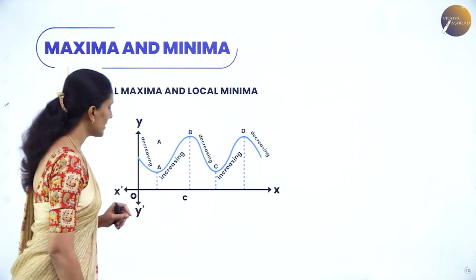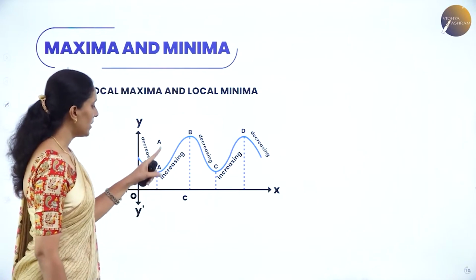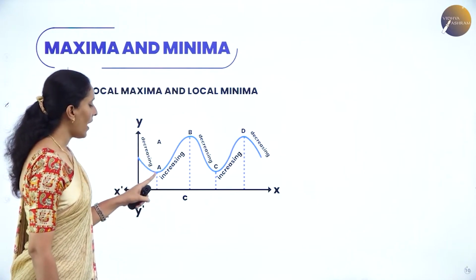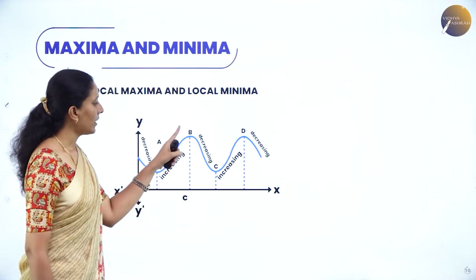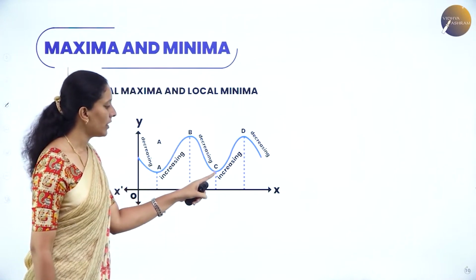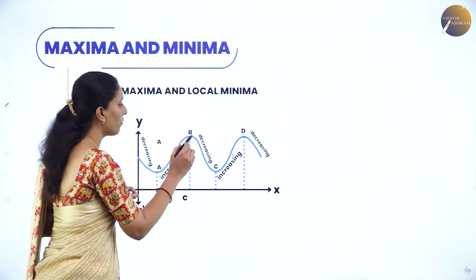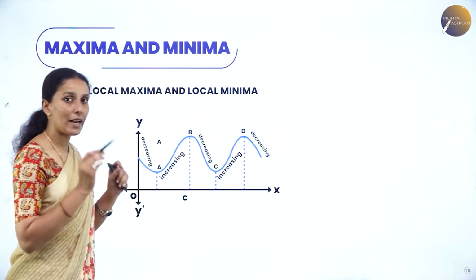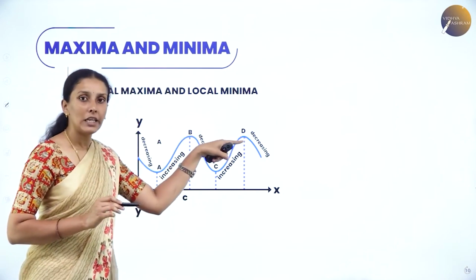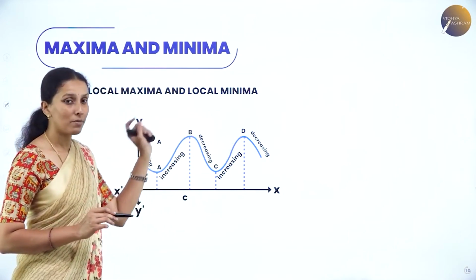So you can clearly say at point A, the value of the function is minima. At the point B it is maxima. And here also it is minimum and here it is D. So at some neighborhood of point B or point D, we can identify the function has the maximum value.